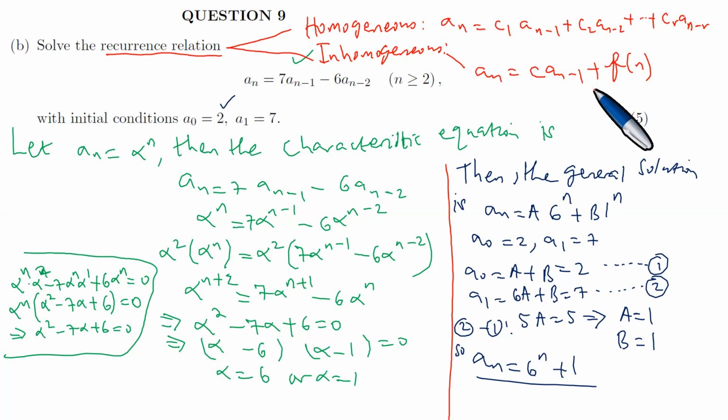We shall spend time on those because the inhomogeneous can be a little bit tricky. The homogeneous ones are easy to solve. But to solve the inhomogeneous, you must make this one 0 and first deal with the homogeneous case using the substitution alpha to the n, and then you include this. So we're going to look at cases like those.